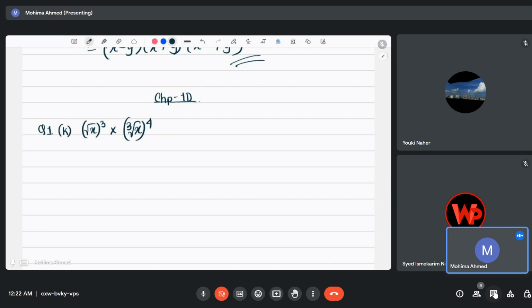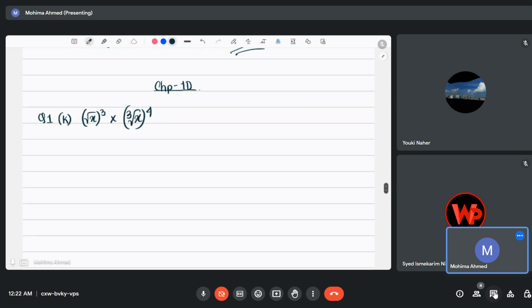Root is just a sign for the fraction powers. So let's express the roots in terms of fraction powers. It becomes x power half, and it has a cube above that, and it gets multiplied with x power 1 by 3.